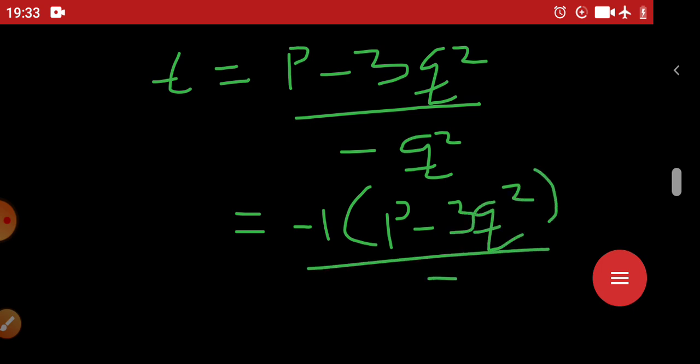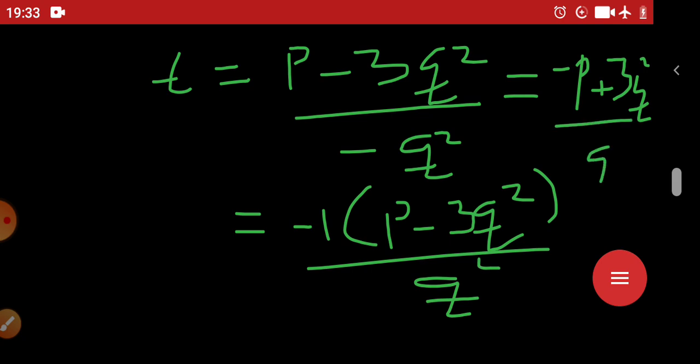You can't leave an answer like that. When you do that, you'll find that this is negative p plus 3q squared, all over q squared.